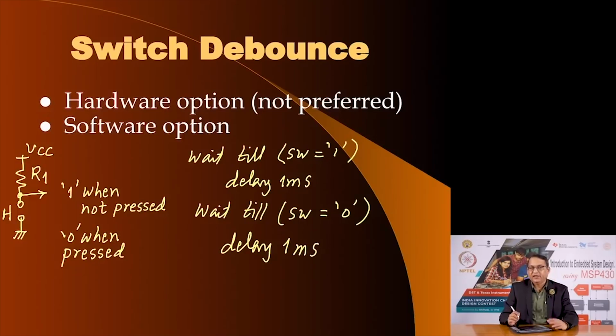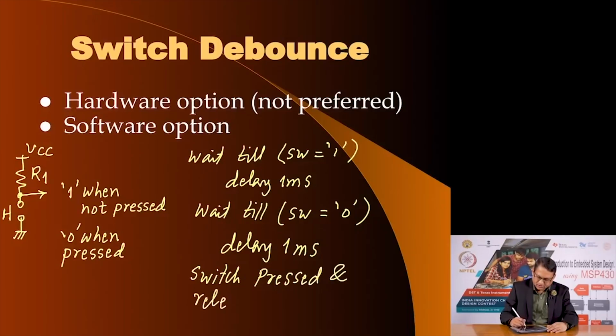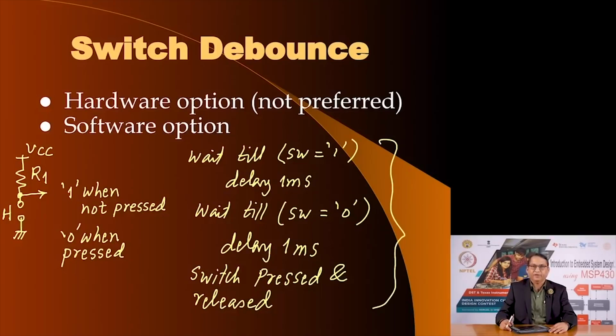When you come back from the delay, hopefully the switch would have logic 1, and now you can go back with the understanding that the switch has been pressed and released, and thereafter you can do whatever you wanted to do in response to this switch being pressed. So, all this will become part of your software as a debounce activity.